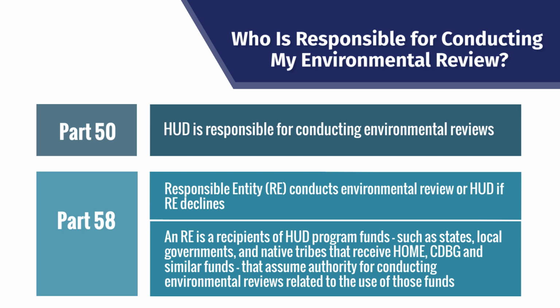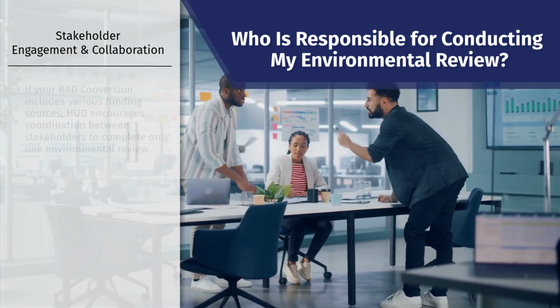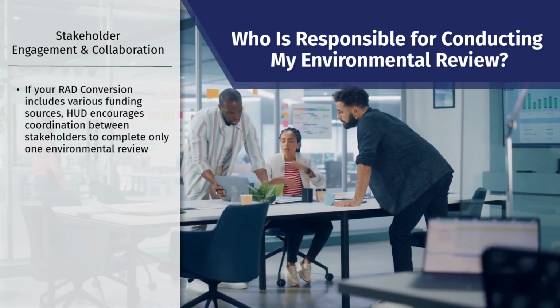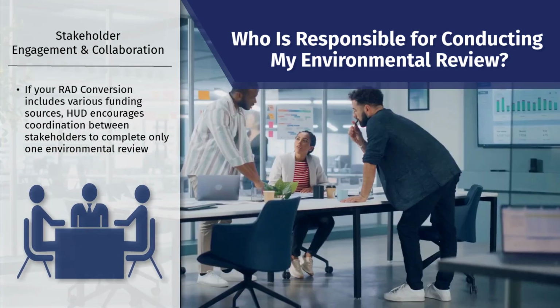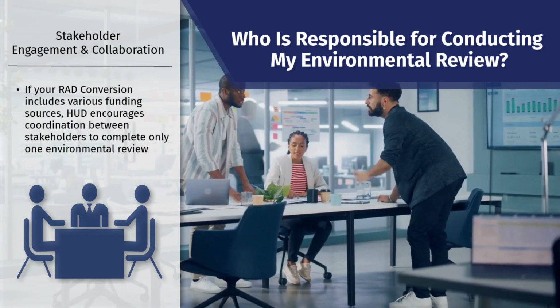A recipient of HUD funds who conducts such environmental reviews on behalf of HUD is referred to as a responsible entity, or RE. If your RAD conversion includes multiple federal funding sources, multiple environmental reviews may be required. In such case, HUD encourages all parties to coordinate and complete only one environmental review.